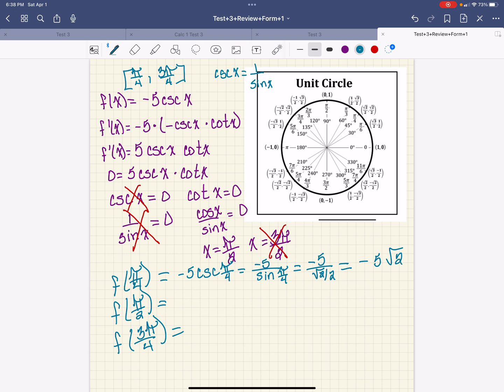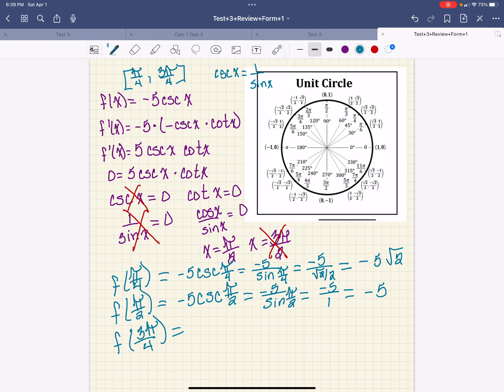Then here we've got negative 5 cosecant of pi over 2. So that's going to be negative 5 over the sine of pi over 2, and the sine of pi over 2 is 1. So that's negative 5 over 1, which is negative 5.